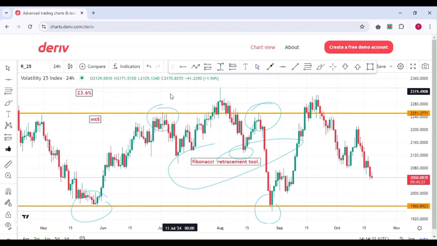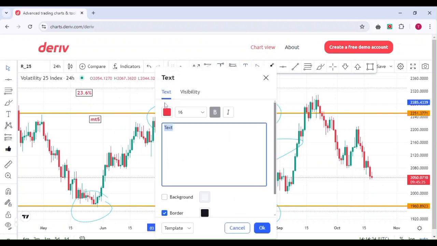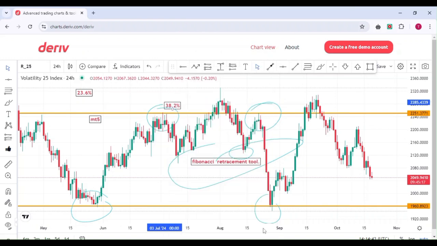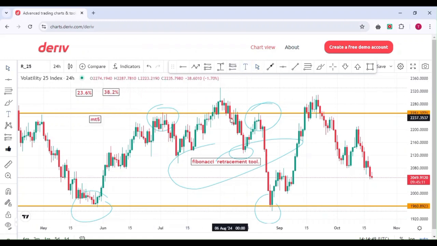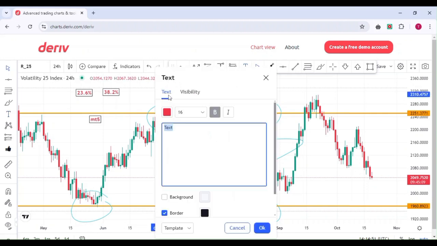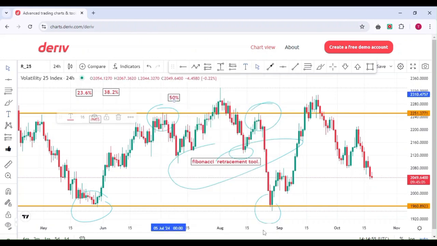The second one is the 38.2%. I hope we are together. We just want to go step by step, and I'll show you how you use these levels. The third one, we have the 50% key level.